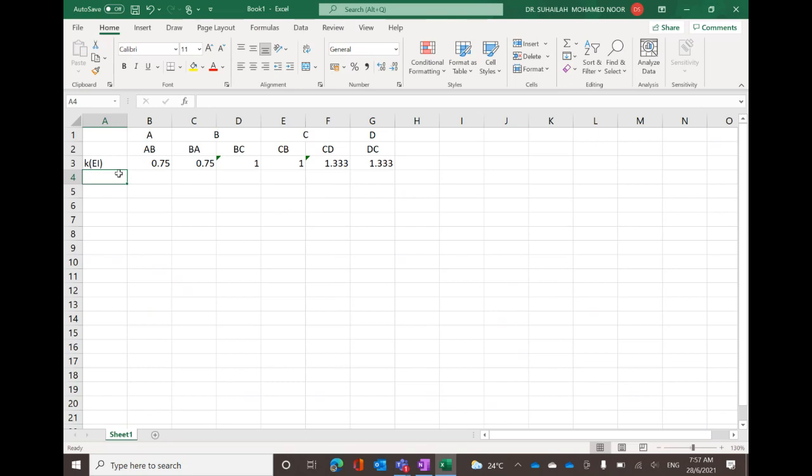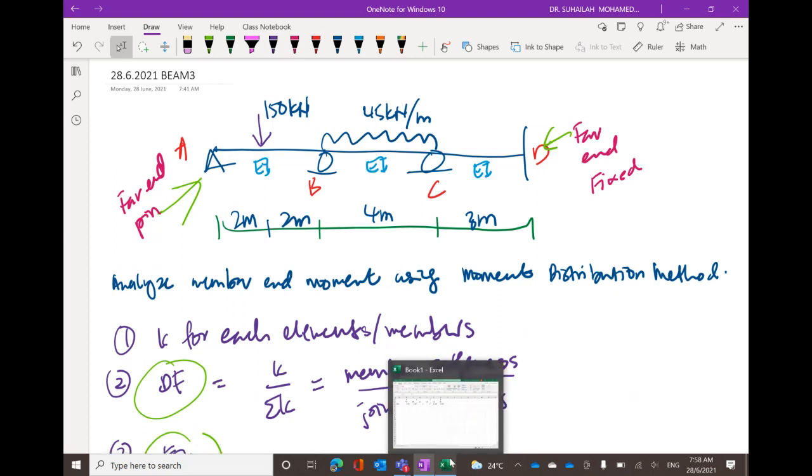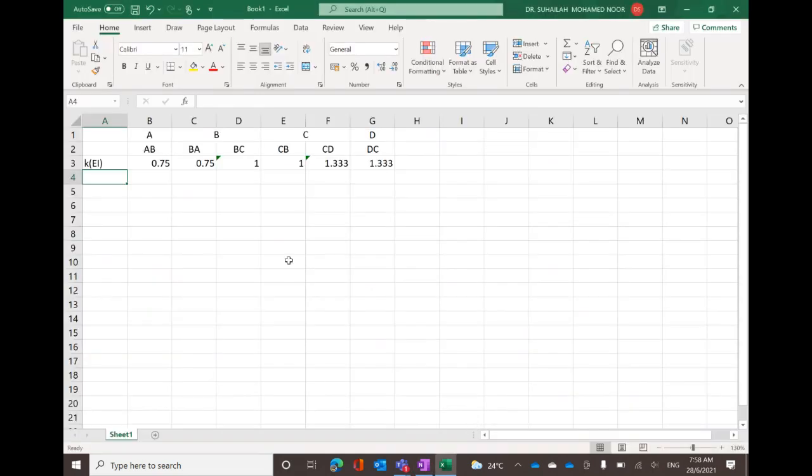Next, after calculating K, the second step is to calculate the distribution factor, which is member stiffness divided by joint stiffness. However, we need to put the distribution factor at A, which is a pin, and D, which is fixed. Remember that pin, roller and cantilever end are all the end of the structure.